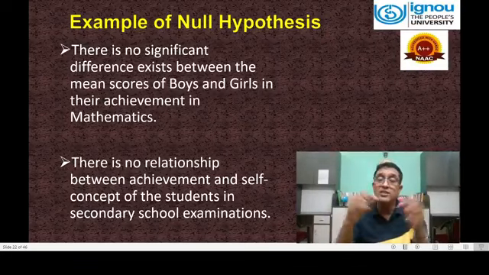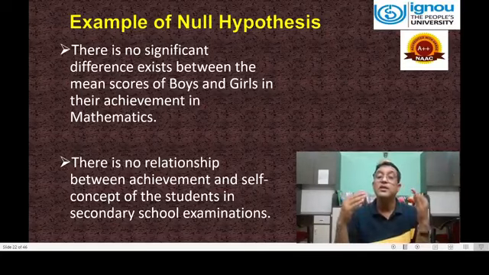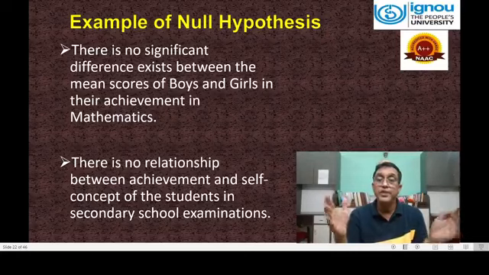And when you test the hypothesis, taking the mean and standard deviation of the boys' and girls' achievement scores in mathematics, you use a statistic such as the t-test. The t-test is used for the significance of the difference between two means.